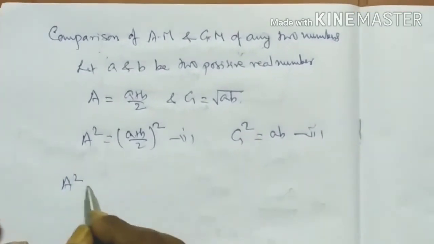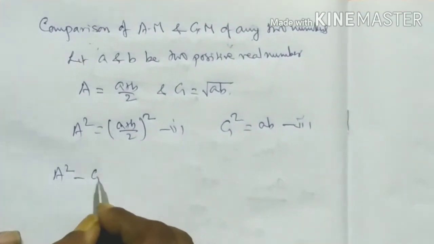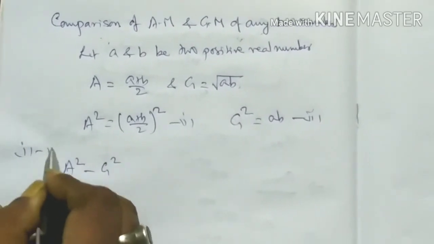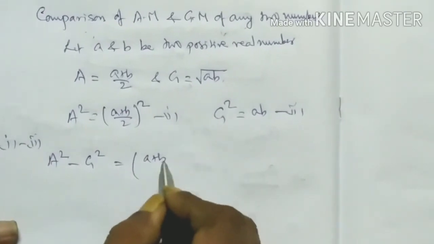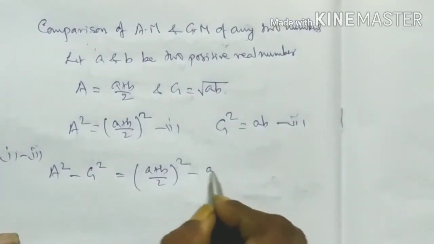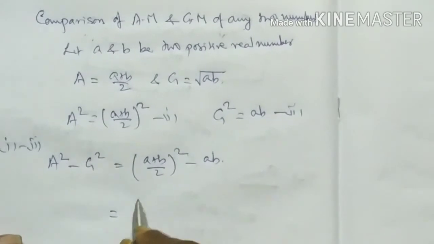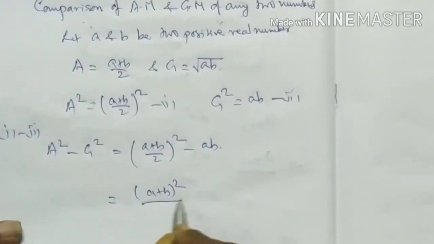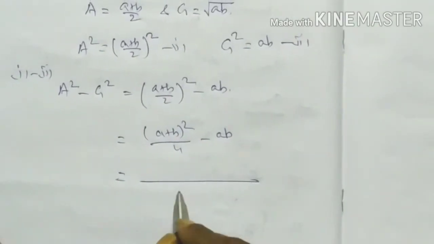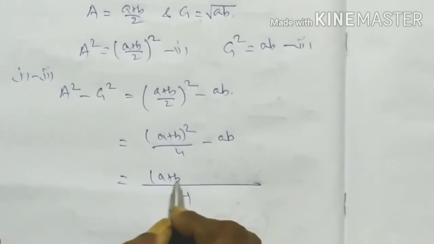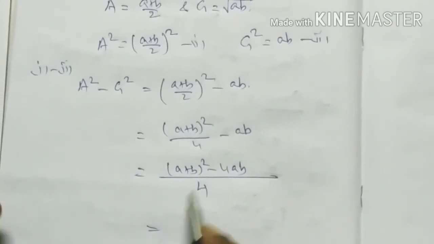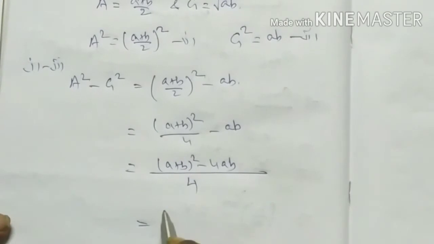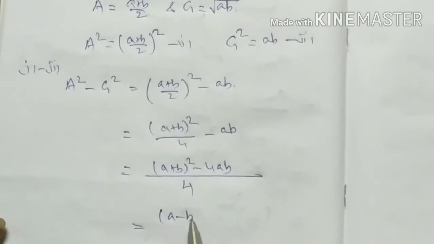Now A square minus G square, that is 1 minus 2, is equal to ((a+b) by 2) the whole square minus ab, which is (a+b) the whole square by 4 minus ab. Here your LCM is 4, so (a+b) the whole square minus 4ab, and if you solve it, it comes out to be (a-b) the whole square by 4.